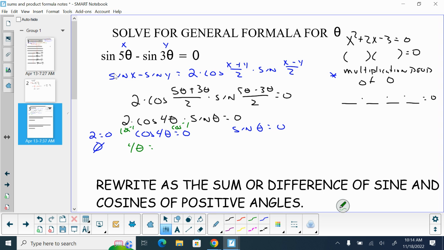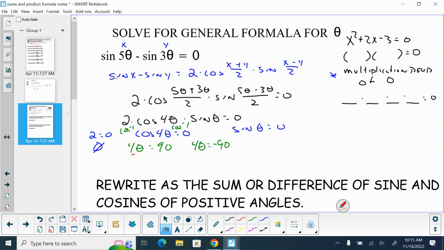That's 90. But we took the inverse cosine, so we have to take a second value. What's the second value? Opposite, so we have negative 90.